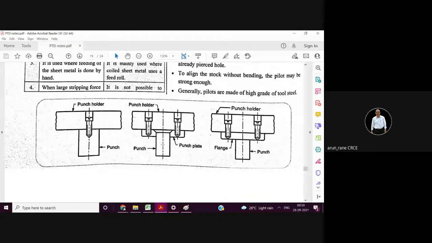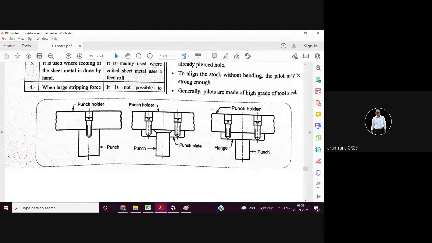Here there are different methods of holding the punch. This punch is directly held by a punch holder. Here the punch is fixed in this punch plate by doing countersunk, and then this plate is fixed to this punch holder by tap screw.